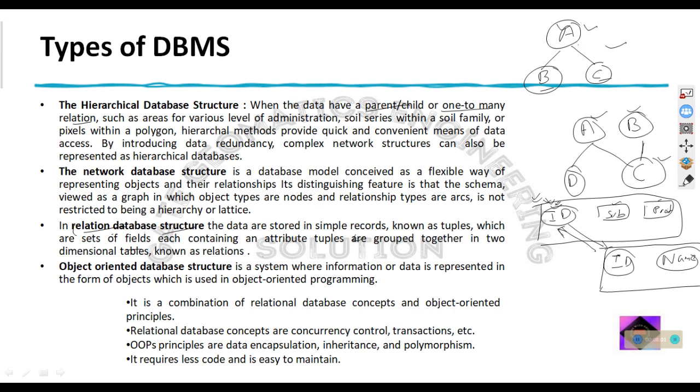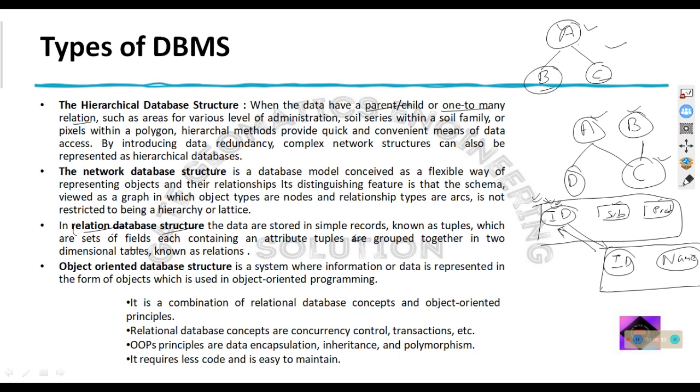It is a system where information or data is represented in the form of objects. It is the combination of relational database structure and object oriented principles from computer science. Relational database concepts are concurrency control and transactions. So these are the DBMS structures or database structures.